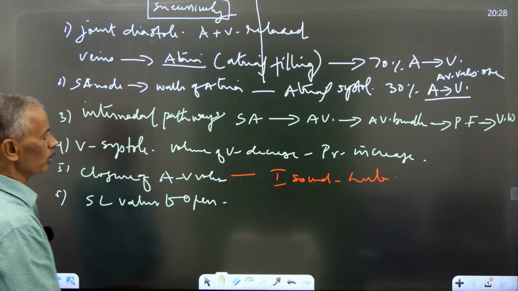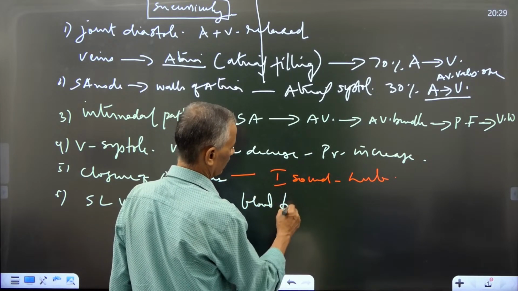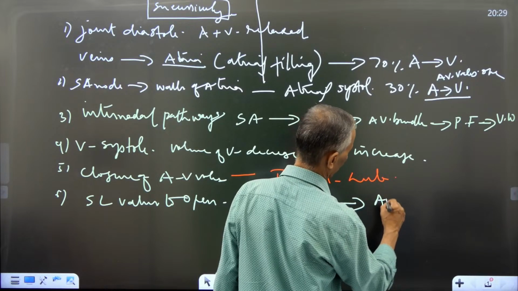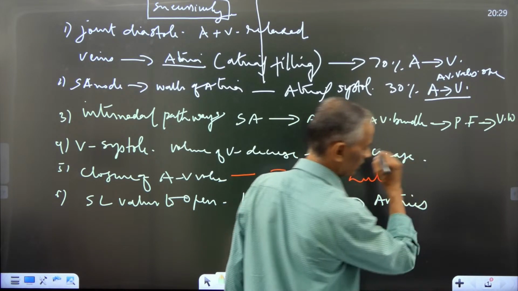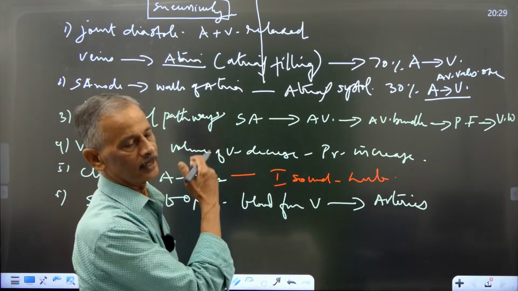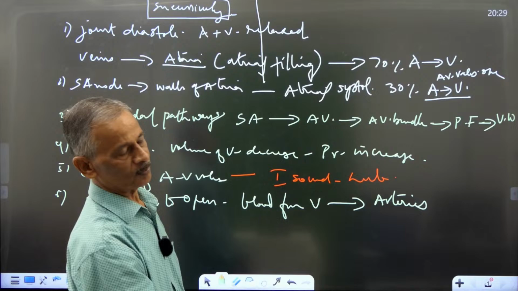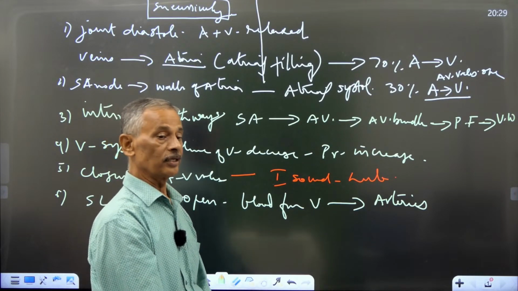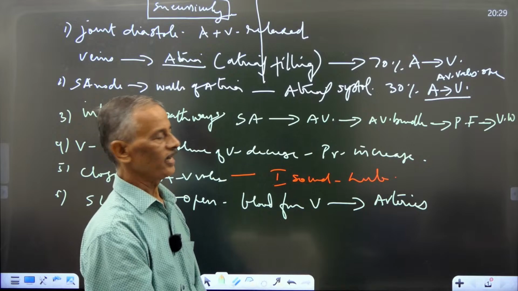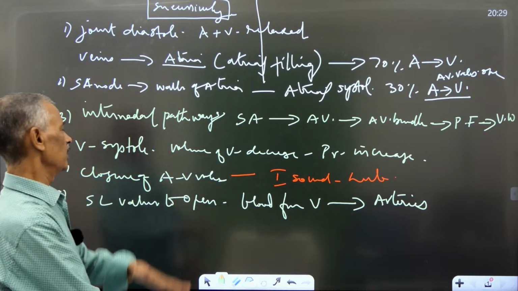When the semilunar valves are open, blood from the ventricle enters into the arteries. Blood from the right ventricle enters into the pulmonary artery, and blood from the left ventricle enters into the aorta, the main artery. So, they enter into the arteries, pushing open the valves.